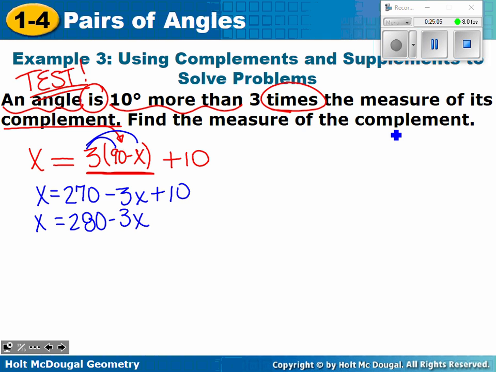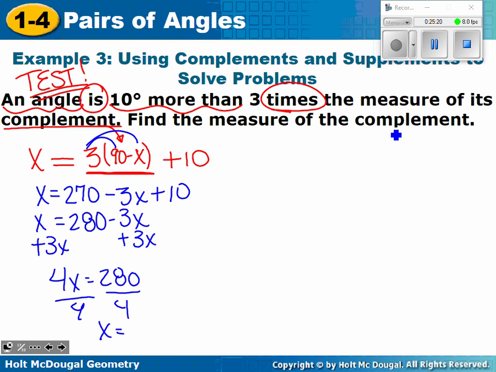From there, add 3x to the other side. So now we have 4x equals 280. Divide by 4, and what is x? How many times does 4 go into 28? 7. So it is 70.